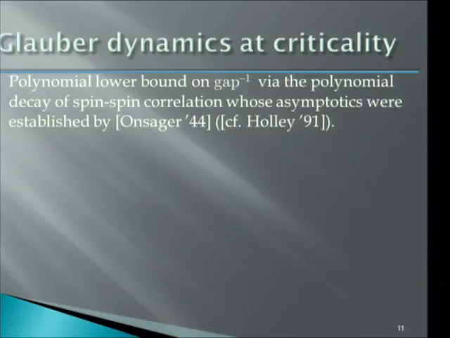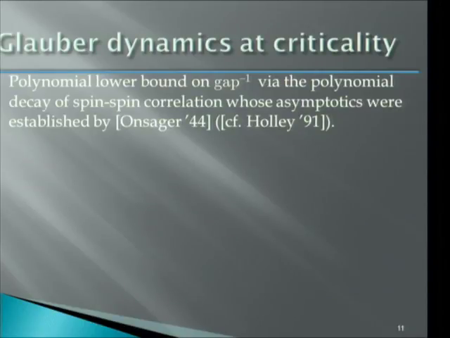Okay, so what do we know on the critical temperature? Well, there's a polynomial lower bound. So you can ask, maybe this picture isn't true in 2 dimensions. Maybe the inverse gap is still uniformly bounded. This was shown by Hawley in 91. It follows from Onsager's result from 44, where he described the spin-spin correlation.